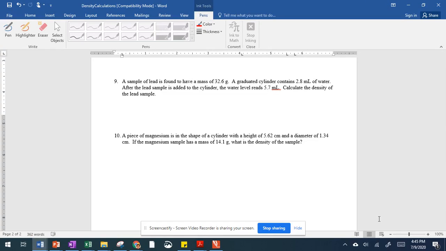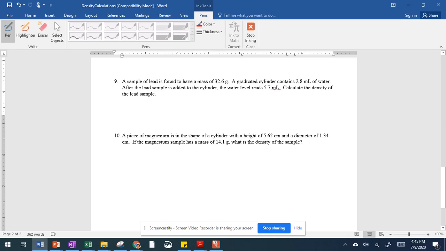Before you guys work on the density worksheet that's on Google Classroom, I want to look at 2 of the problems on the back of the worksheet, and then you guys should get started. So here for number 9, if you remember from Earth Science, you did a lab where you had some objects and you needed to find the density of it, and some of you did that by water displacement.